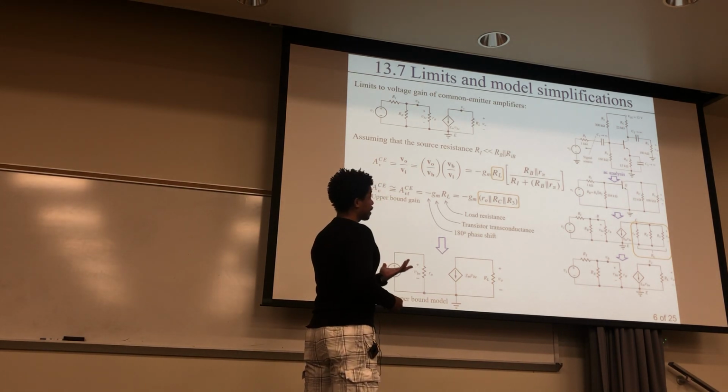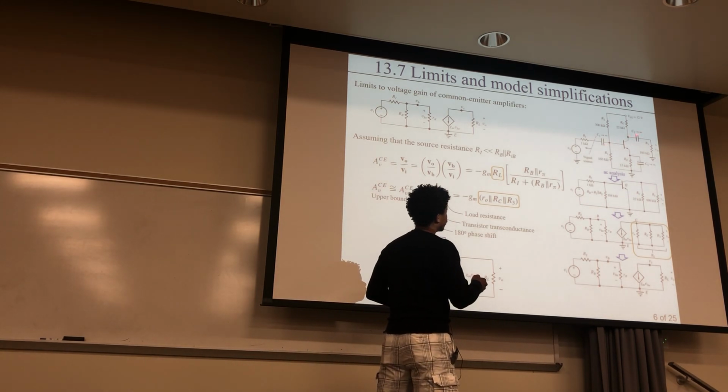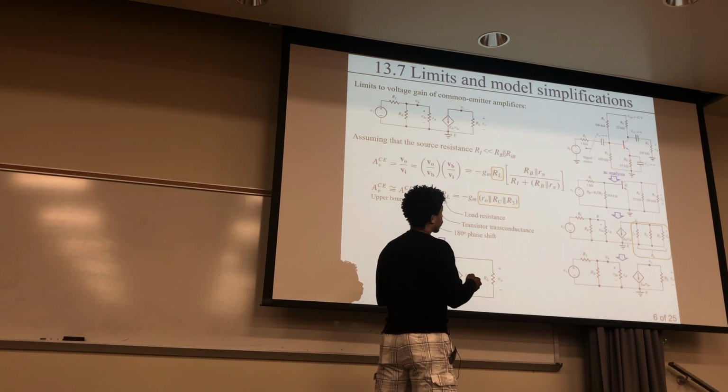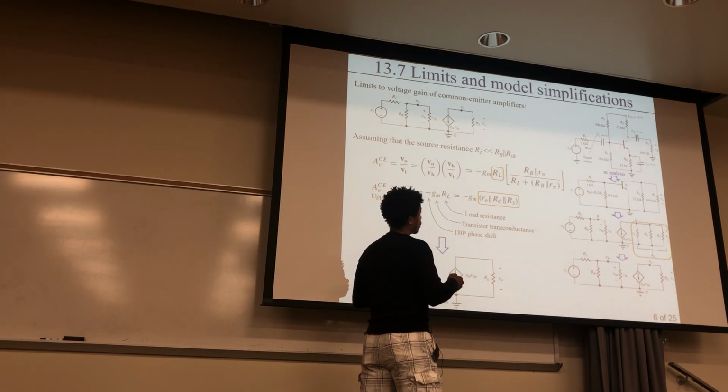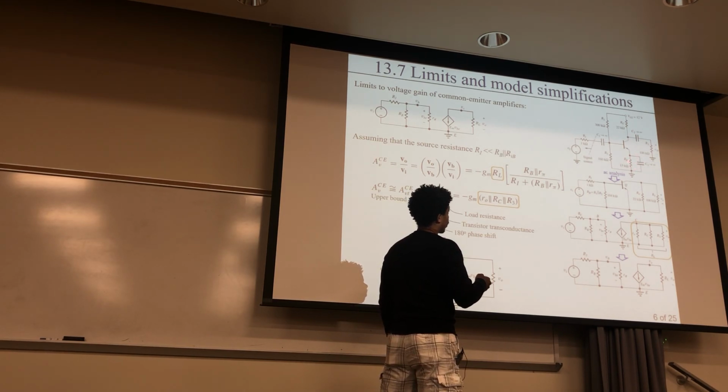Remember, this is AC analysis, so that means that these capacitors become blockers for DC current. That's a blocker for DC current, but also for the AC current, this also becomes a bypass. These are all AC bypasses. So it becomes a short circuit for the AC bypass, and this is also a short circuit for the AC bypass, so it totally eliminates RE.